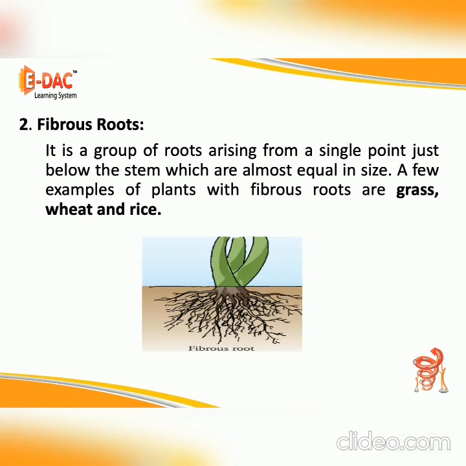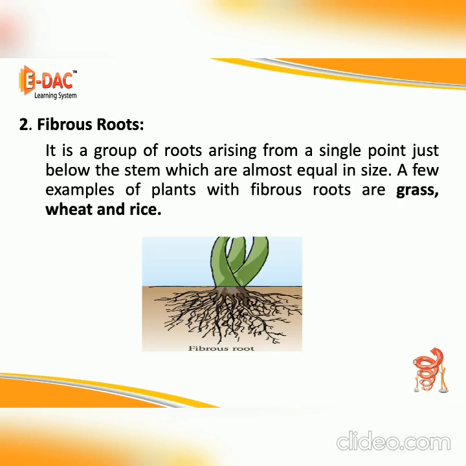Let's now learn about the second type of roots, fibrous roots. Some plants which do not have tap roots have fibrous roots. Do you know what is meant by a fiber? A fiber is a thin thread-like structure.